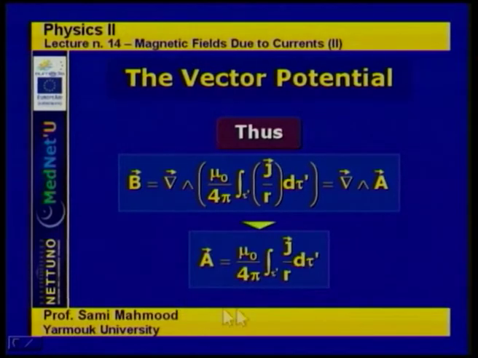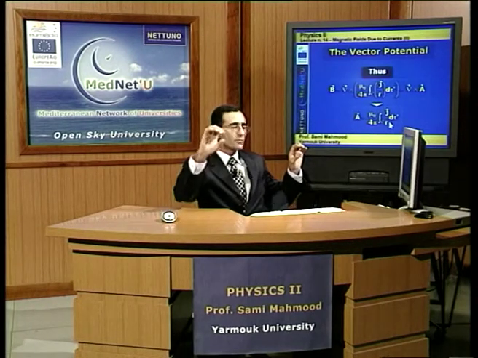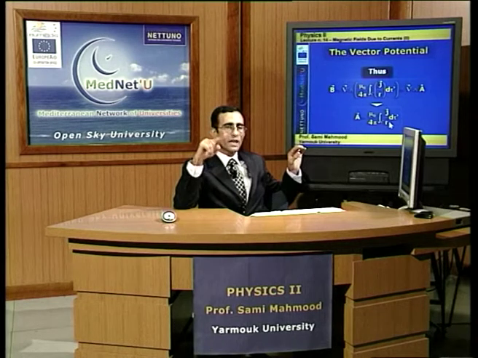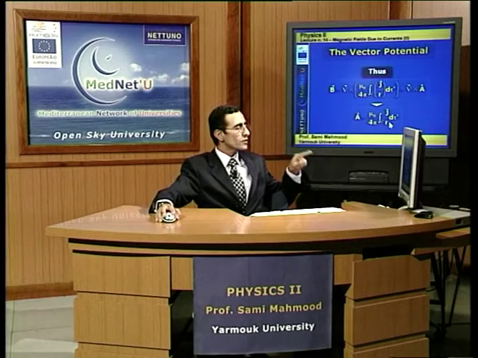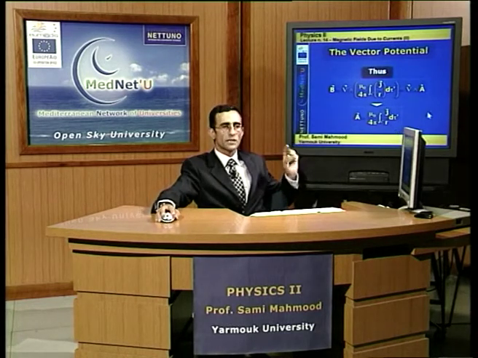Then we conclude that the vector potential A is equal to mu naught over 4 pi times the integral over the source of the current of J, the current density, over R, integrated over the volume of the current. This is a formula where, if we know the distribution of the current in space, we can evaluate the vector potential A from the distribution of the current in space.